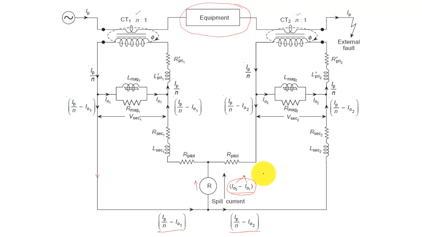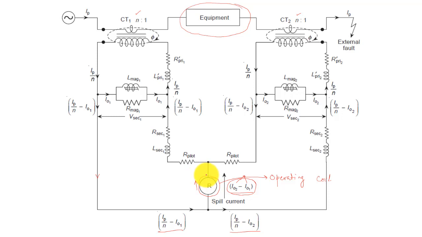Suppose in this relay we have one operating coil. Because it is an overcurrent relay, it has only an operating coil, which activates because of the current flowing through it. If we add one restraining coil, it will restrain when there is a through fault current.